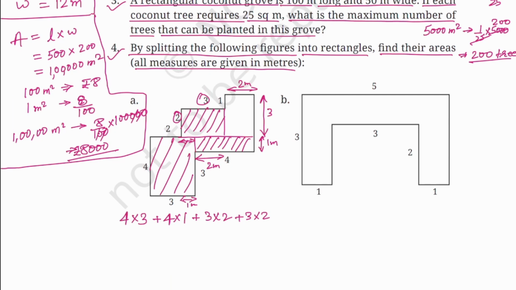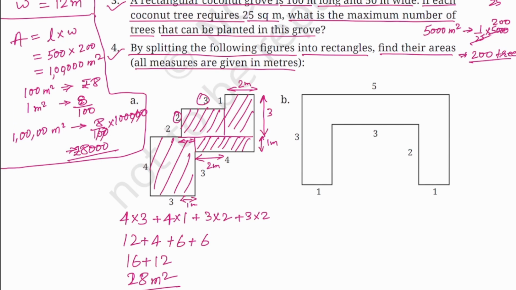So the total area will be the sum of the areas of all four rectangles. That is 28 square meter.